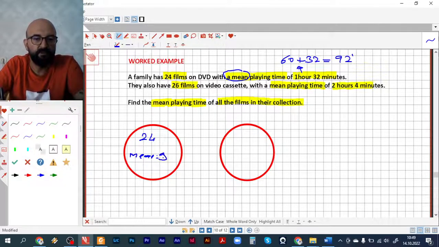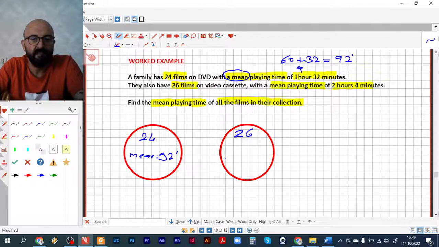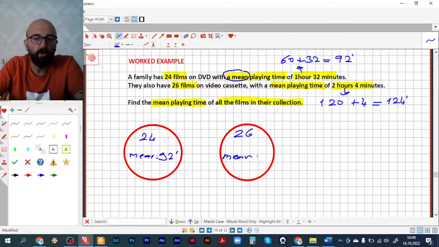And our mean is 92 minutes. And the other group has 26 films, and their mean is 2 hours, 120 minutes plus 4 minutes, becomes 124 minutes. So the mean is 124 minutes.